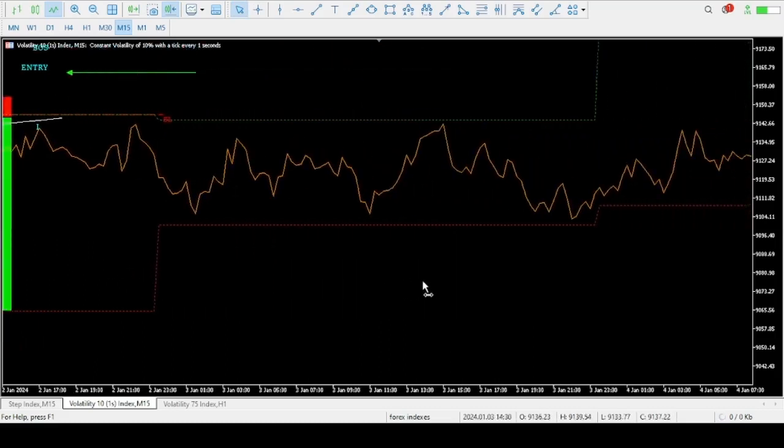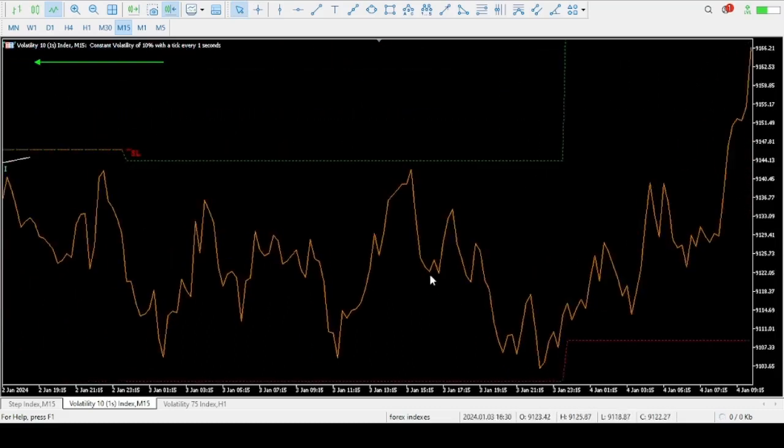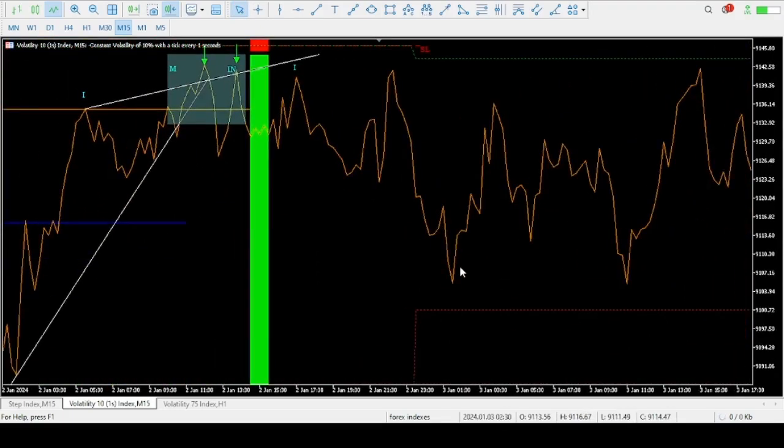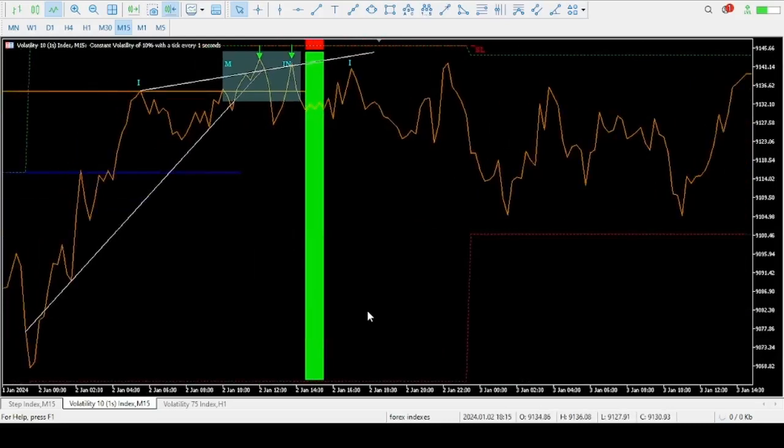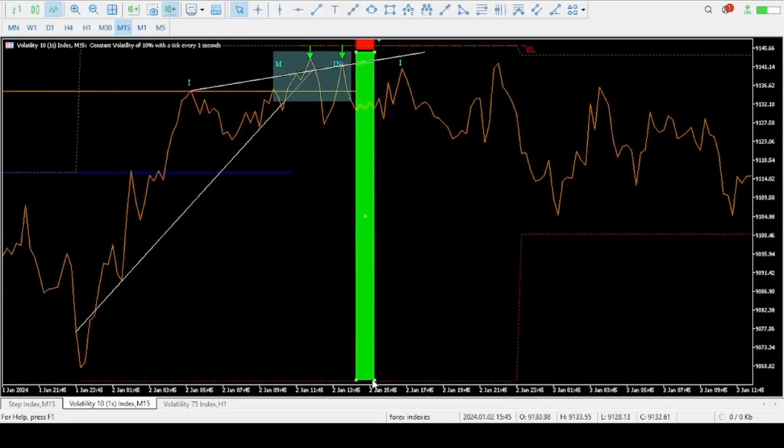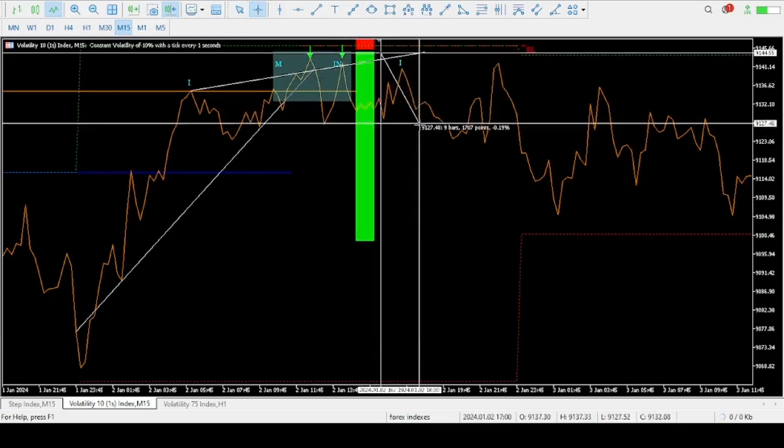So let's see, after a very long time we hit the previous low. We didn't hit the previous low here, so we went as far as this low. I wonder how much this will be. Let's see if I can measure that.